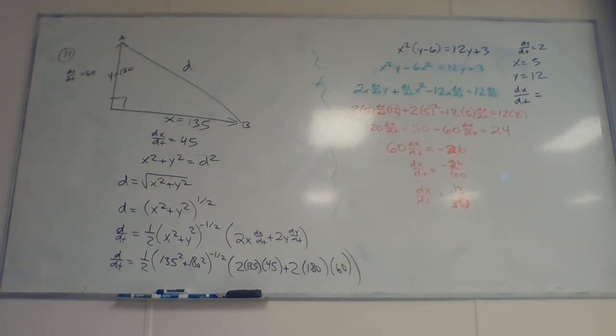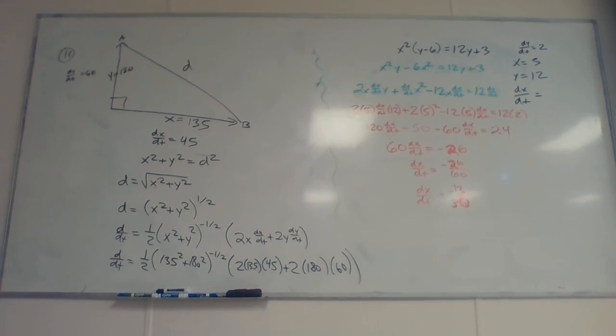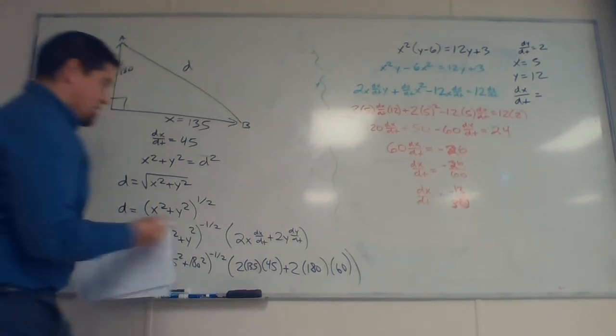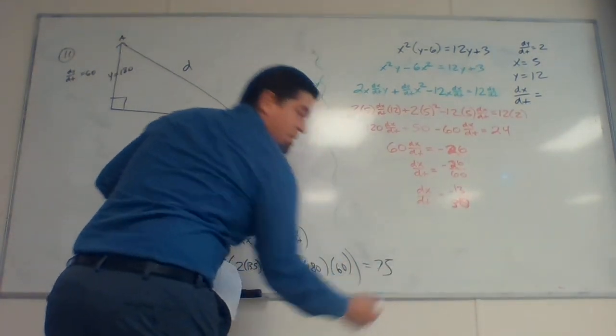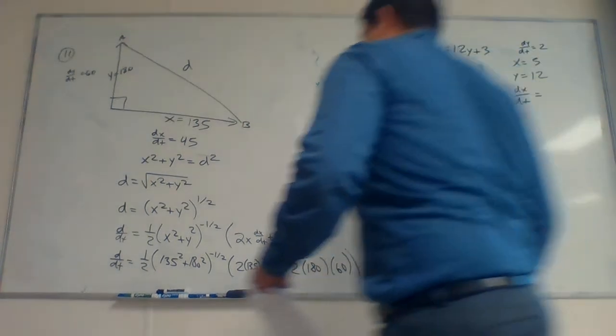Someone doing around one. Okay, that gives it to you. Okay. 75. 0.004.